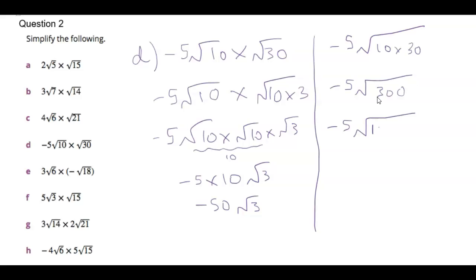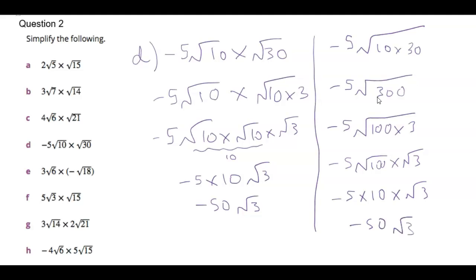But I know because it's a multiple of 100 that 100 does. It just happens to be a nice, easy number. So I've got 100 times 3, -5, and then I'm just going to separate this to be the square root of 100 times the square root of 3. So here I've got -5 times 10 times root 3. So I've got -50 root 3.